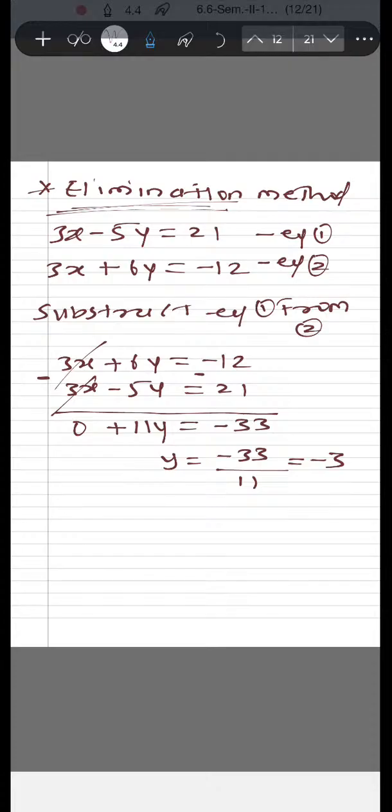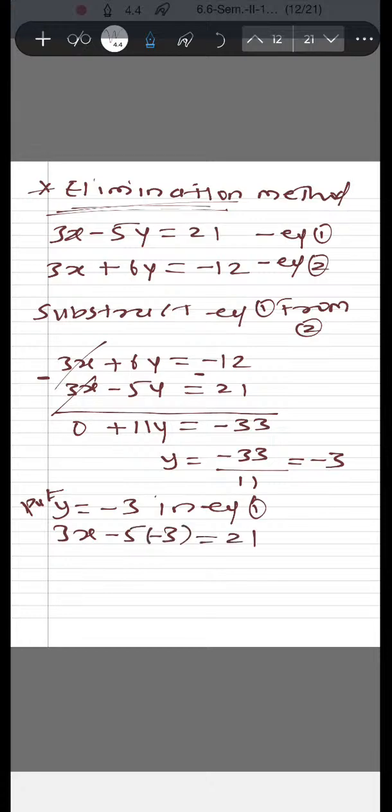Now you don't have to eliminate anything again. Simply put the value y equal to minus 3 in any equation. I will put it in equation 1. So 3x minus 5 into minus 3 is equal to 21.